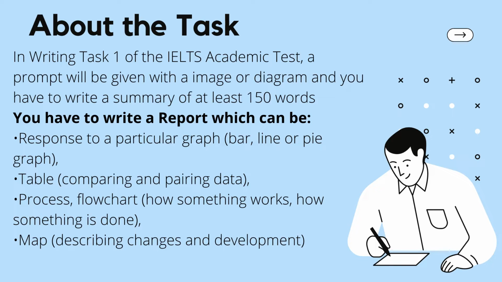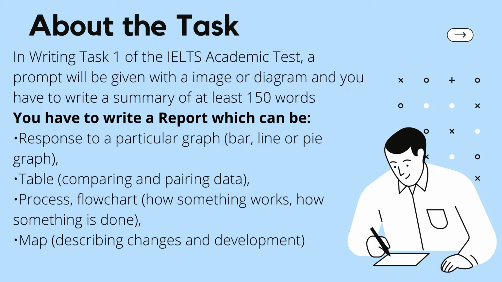And the question cannot be of one type. There are different types of tasks that are seen in the exam. You have to write a report, which can be any of the following. First is a response to a particular graph, that is a bar, line or pie graph. Second is a table.